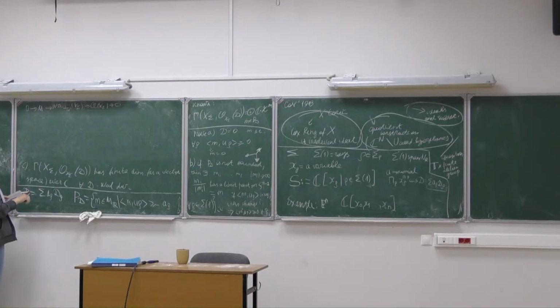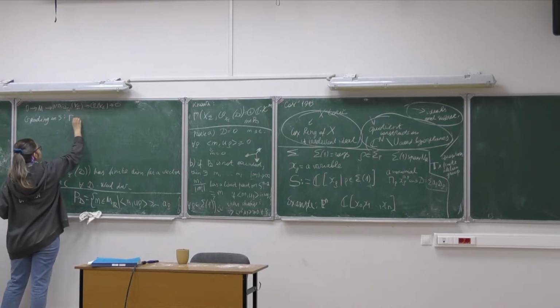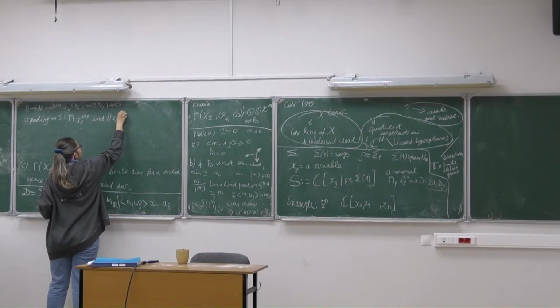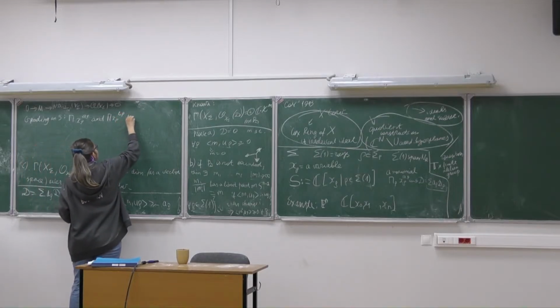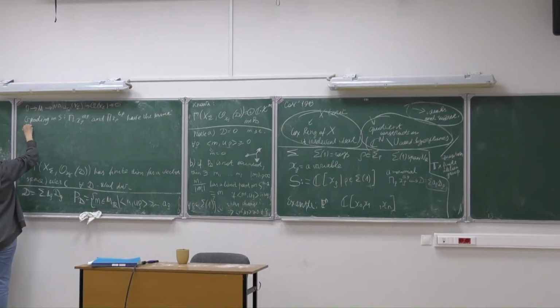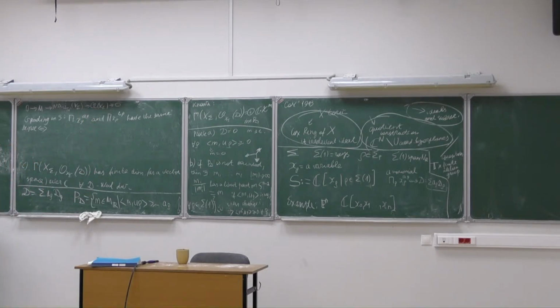And we can say that the product of x_ρ to the power a_ρ and the product of x_ρ to the power b_ρ have the same degree if and only if the corresponding divisors have the same representative in the class group, which by exactness means that they differ by the divisor of a character.